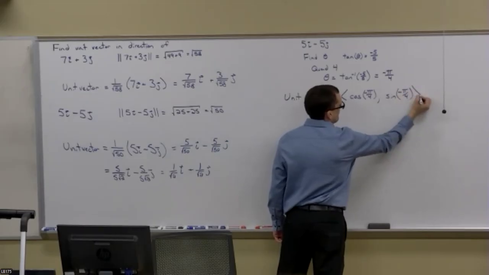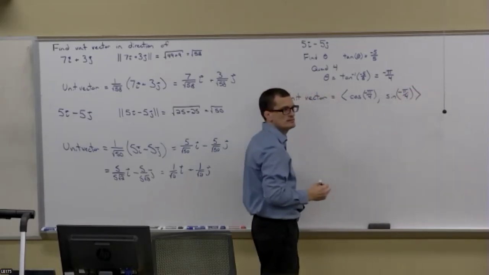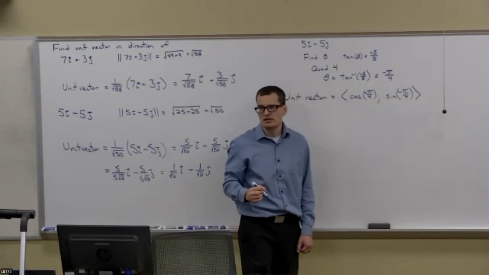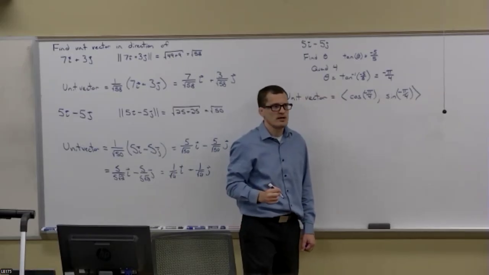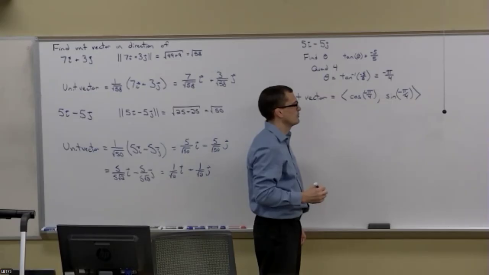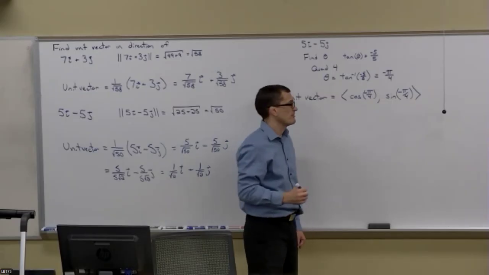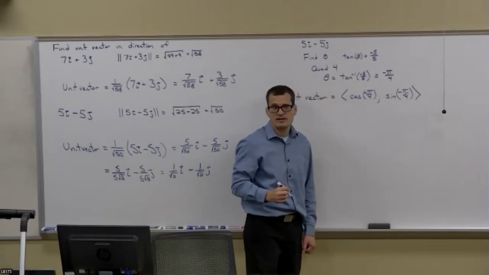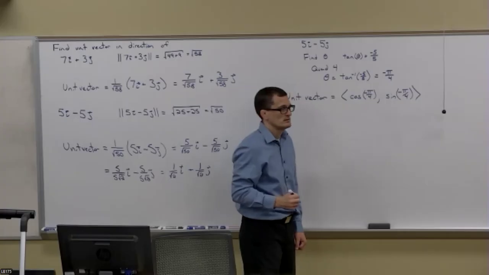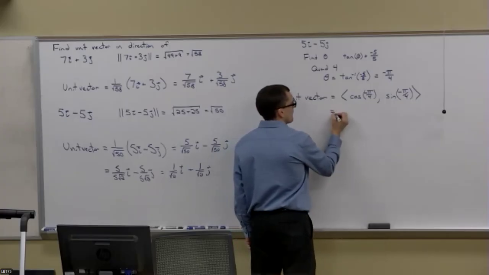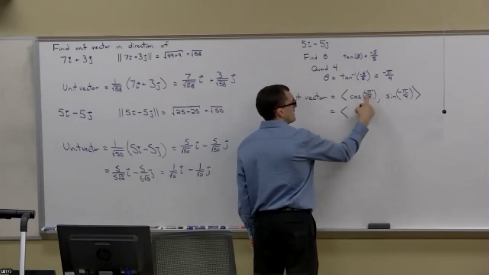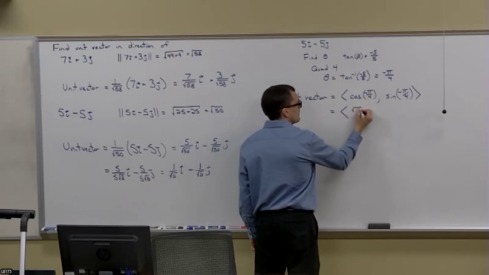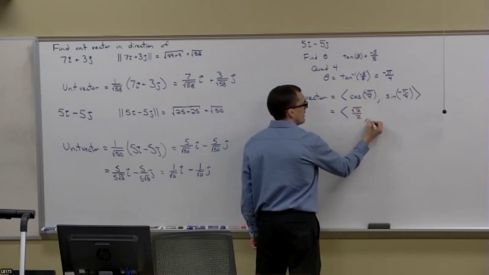You could have also written this in ij notation if you want. Cosine of negative pi over 4 times i plus sine of negative pi over 4 times j. Cosine of negative pi over 4 is root 2 over 2.